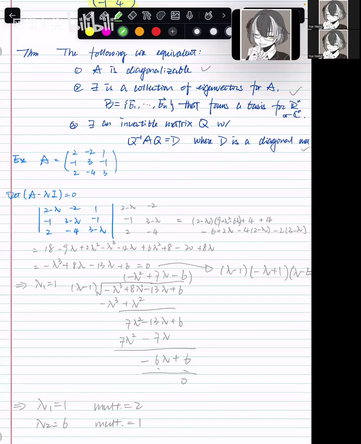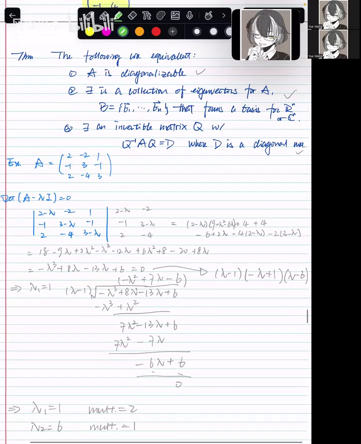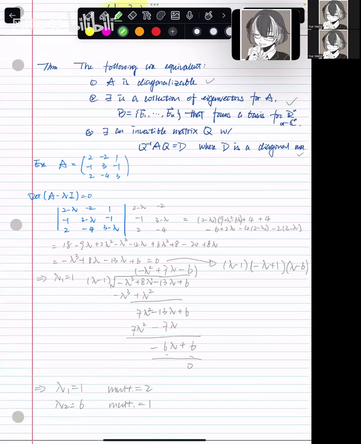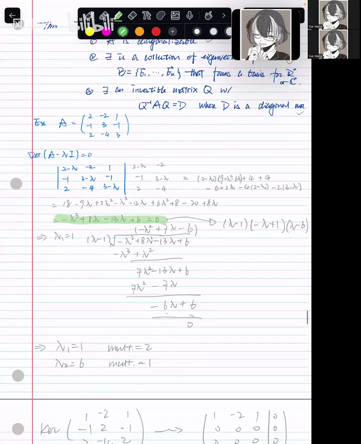Okay, so let's look at an example. If we have a matrix A and we find the eigenvalues, we set the determinant equal to 0, and after some computation, we simplify the whole determinant to this characteristic polynomial. And then we set it equal to 0 to solve for the eigenvalues.